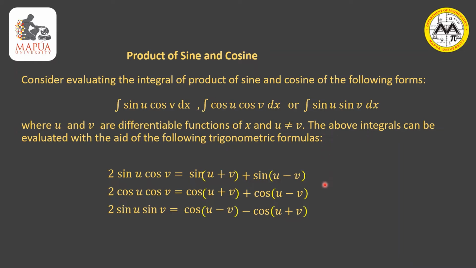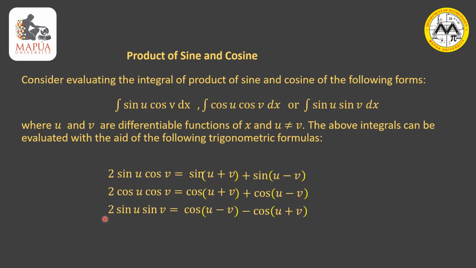If you recall, these are the product to sum identities. So we have 2 times sine u cosine v is equal to the sum of sine of u plus v plus sine of u minus v. And that 2 cosine u cosine v is equal to cosine of the sum u plus v plus cosine of the difference u minus v.